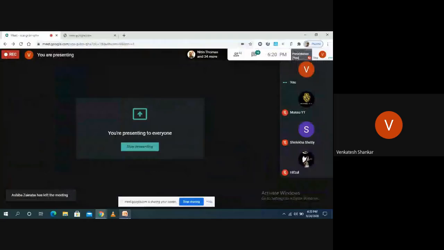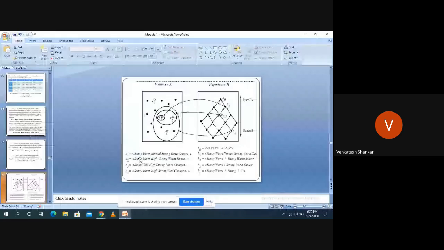This is the instance X and the hypothesis H. H0 and H1 are more specific, but H2 and H3 are not that specific, and H4 is general. Out of the hypotheses, H0, H1, H2, H3 are more specific compared to H4. H4 is general compared to the remaining hypotheses.